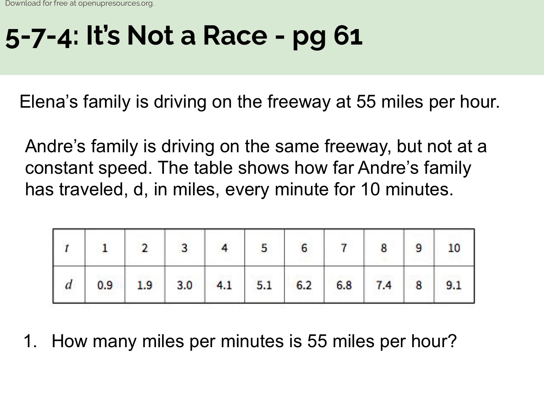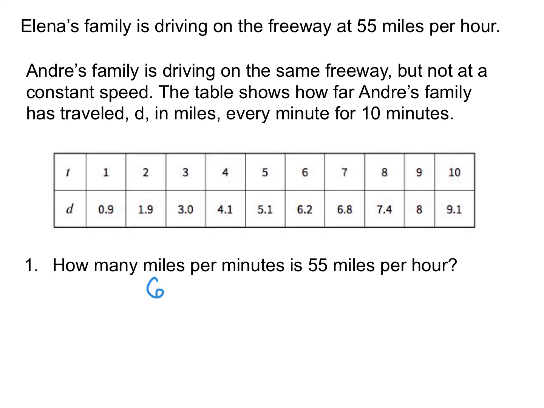So number 1, how many miles per minute is 55 miles per hour? Okay, so we're going to have to kind of think about that. So how many minutes are in an hour? And then kind of working through that to figure out the answer to this one. All right, so I know that there are 60 minutes for 1 hour, and I have my 55 miles for 1 hour.